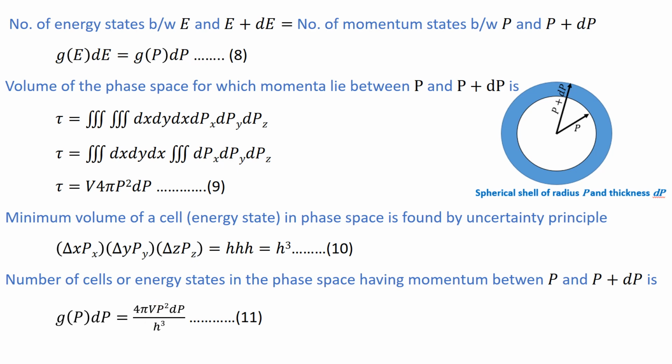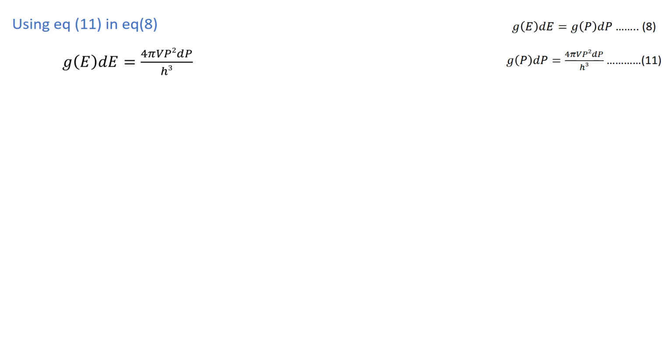of energy states. So now if you use equation number 11 and equation number 8, so here this is equation number 11 and this is equation number 8. So the number of energy states between E and E plus dE will be equal to this one.